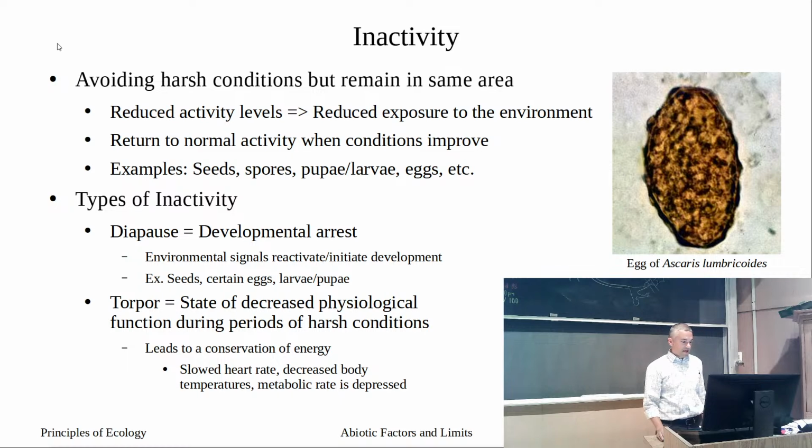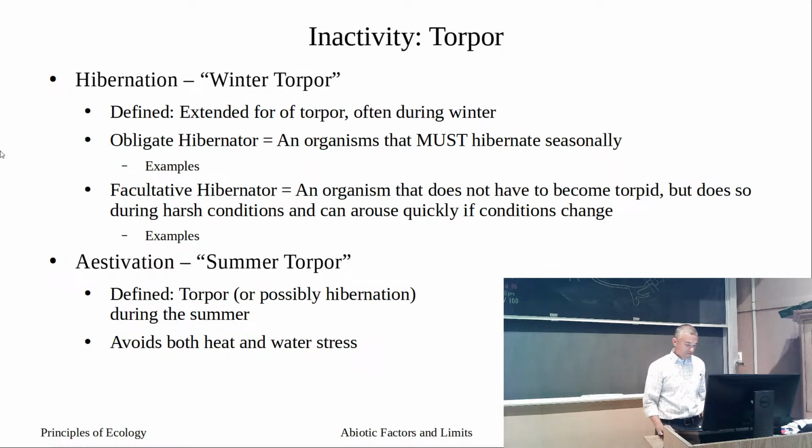The types of torpor that you may have heard about are hibernation and estivation. Torpor is our generic term. Hibernation would be the winter torpor, so torpor over winter. Estivation would be torpor over summer.